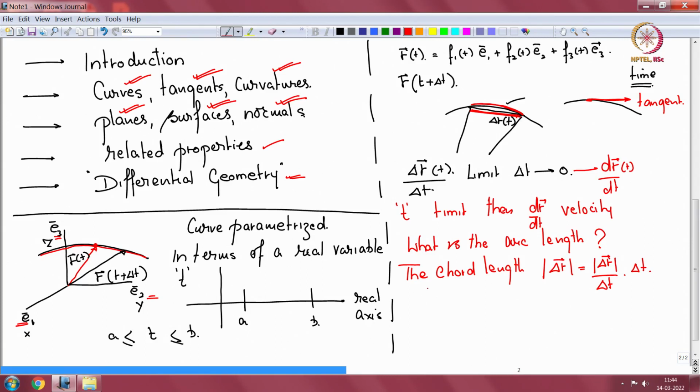Okay. So, in the limit, this is equal to r dot of t into delta t. Okay.